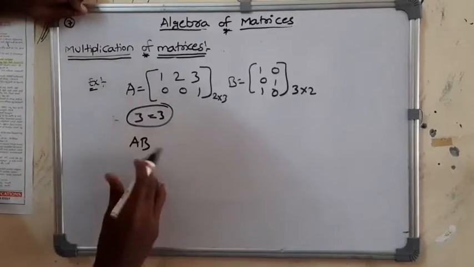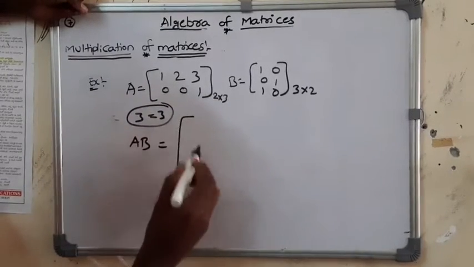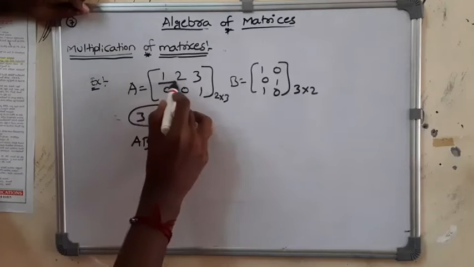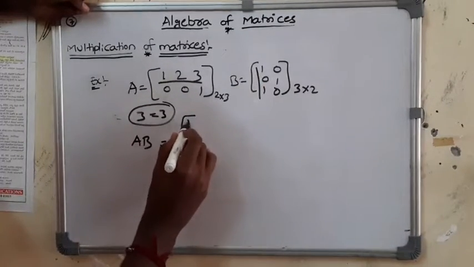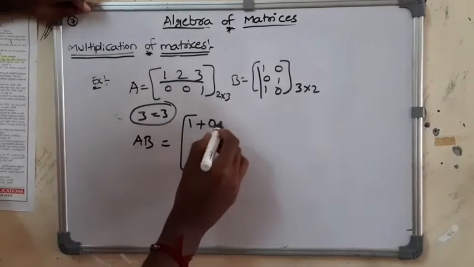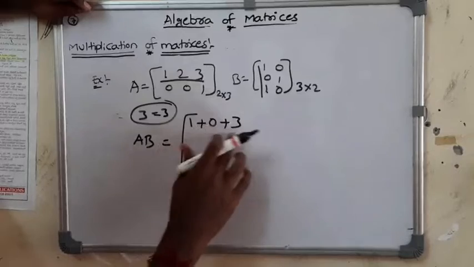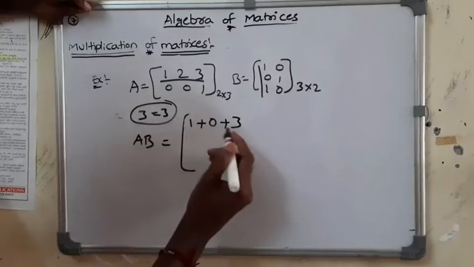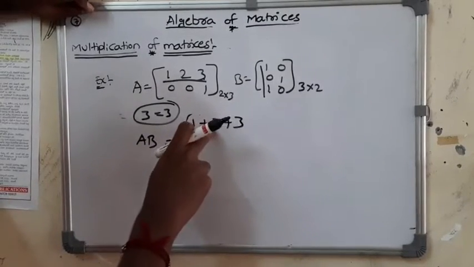Now how can we multiply the A and B matrices? AB is equal to, first of all, we multiply the first row into the first column. That is 1 into 1, 1, plus 2 into 0, 0, plus 3 into 1, 3. We add all those values, and this value is put in the A11 place.